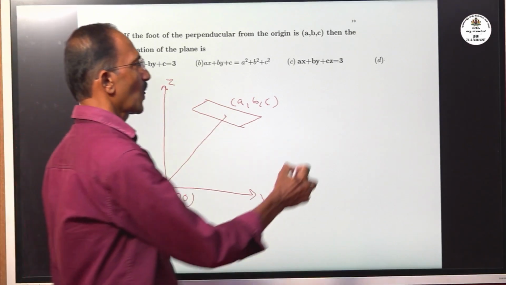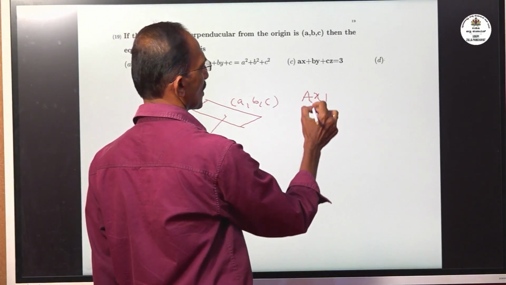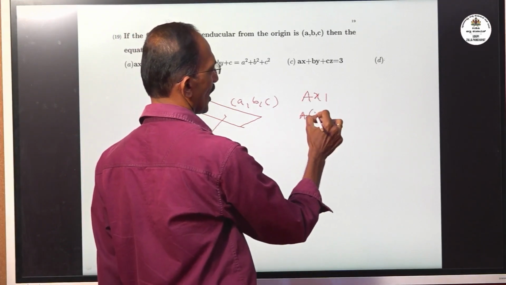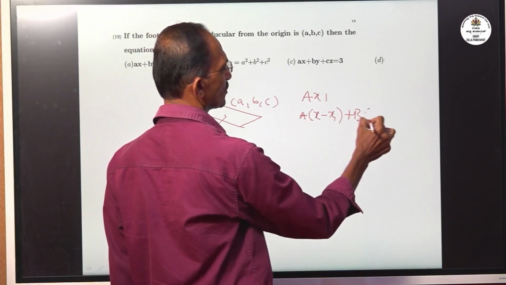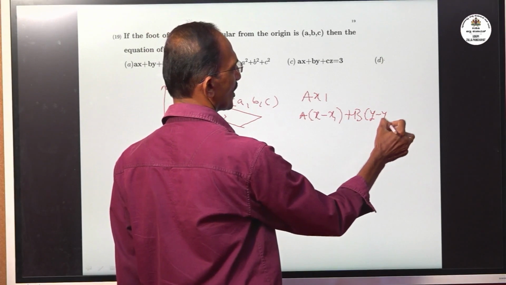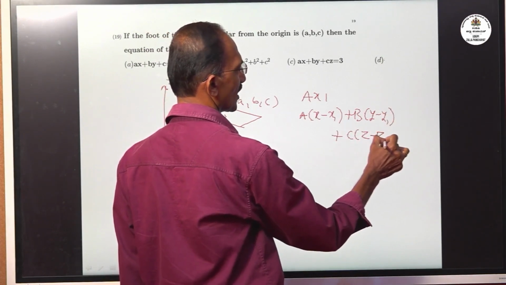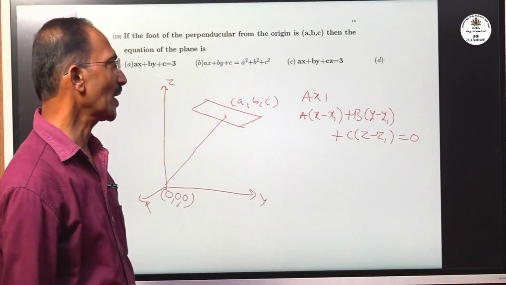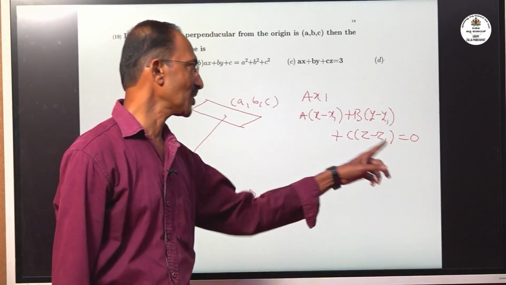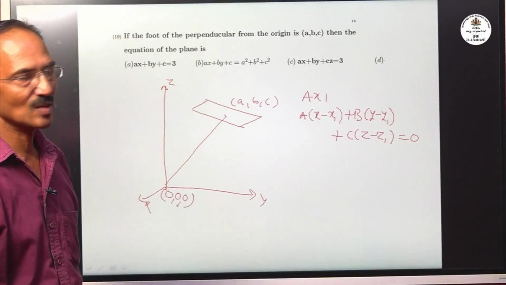So you have an equation, a into (x minus x1) plus b into (y minus y1) plus c into (z minus z1) equals 0, which is the equation of the plane passing through (x1, y1, z1) with normal vector ai plus bj plus ck.